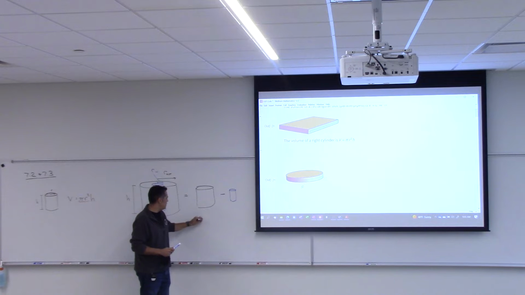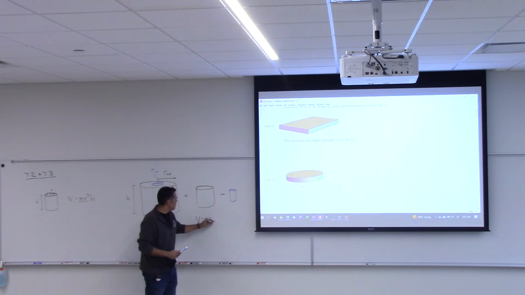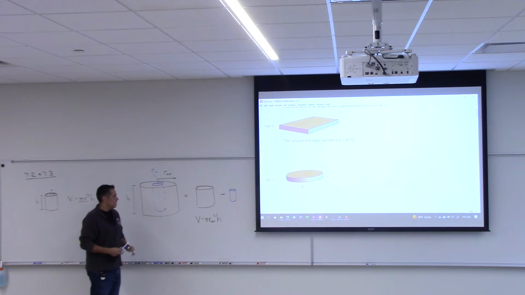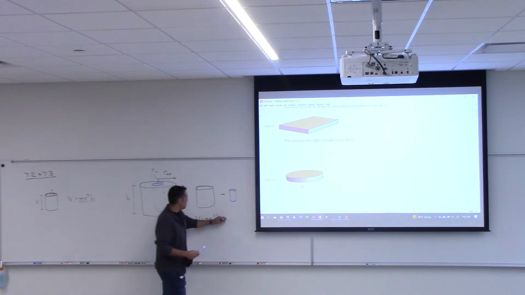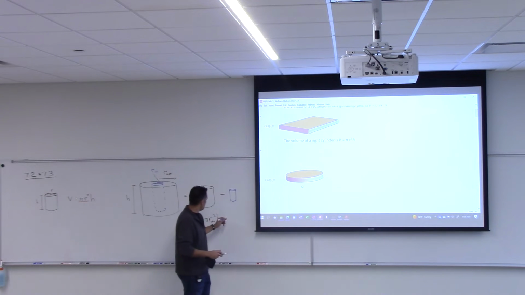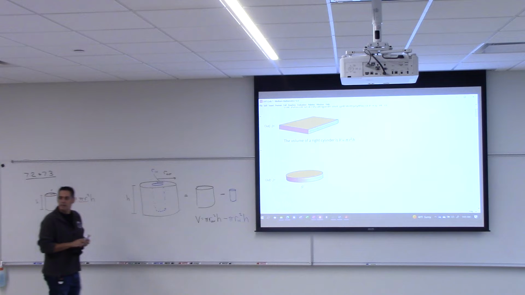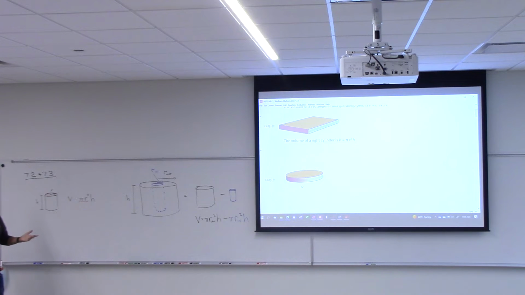Pi R out squared times h. And then we subtract from that the volume of this one, which would be pi R in squared times h. Does that all make sense?